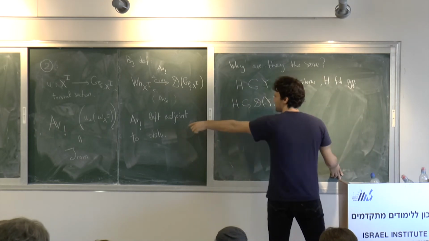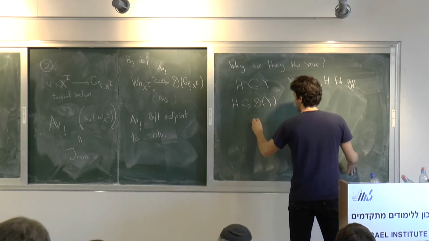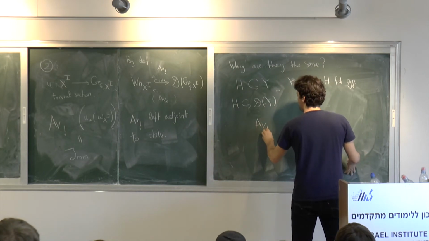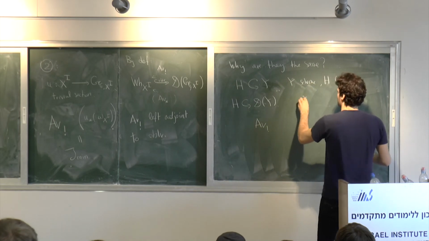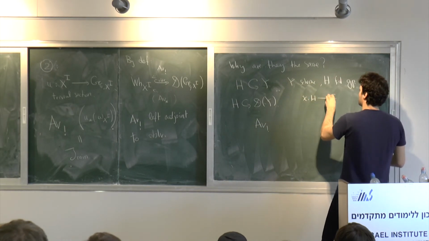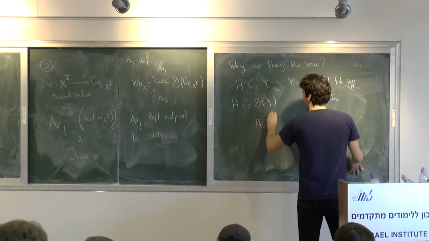The second construction here is the construction of the average. Say also you have a character chi.